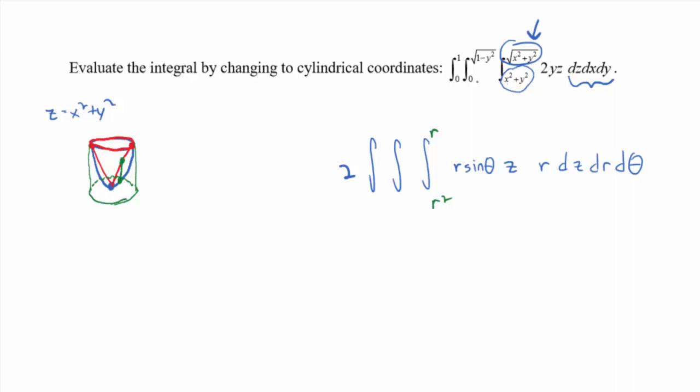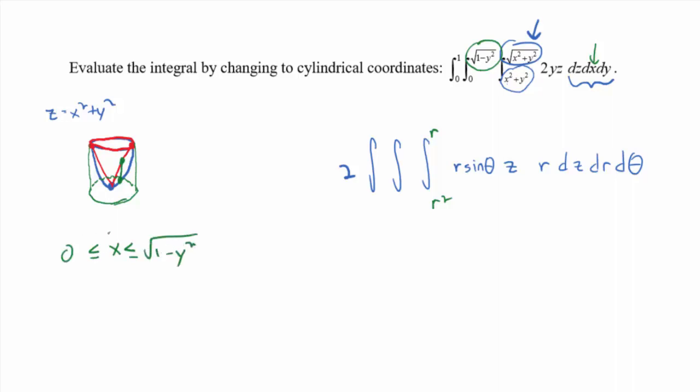I think it's clear what 0 is, but what does this guy describe? It's the limits on x. The middle limits of integration are the limits on x, so x goes from 0 to root 1 minus y squared.